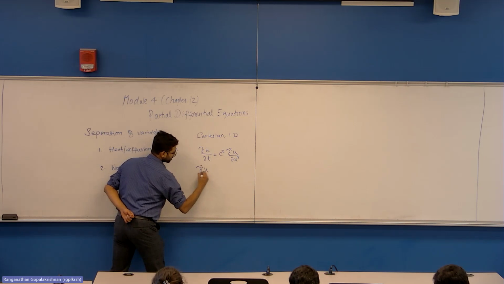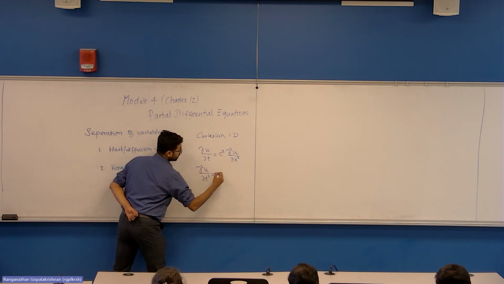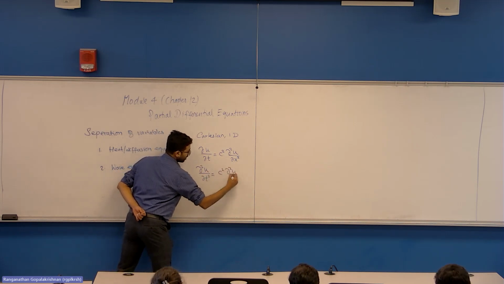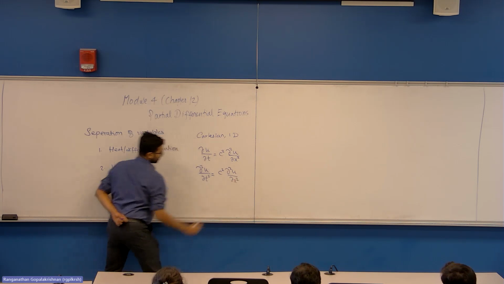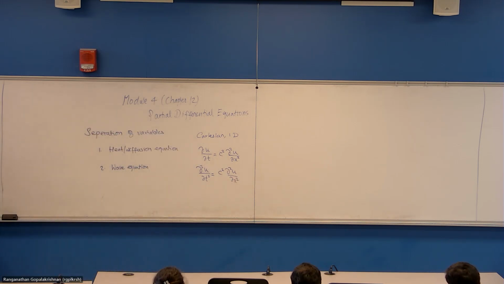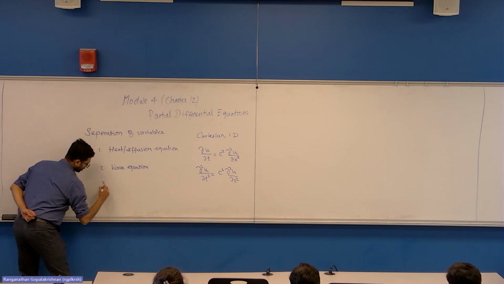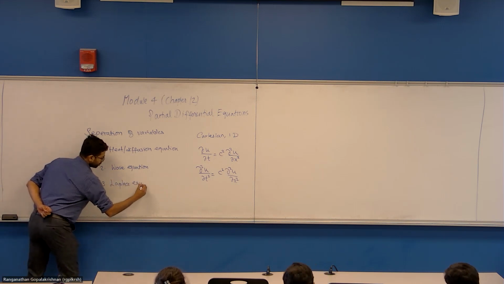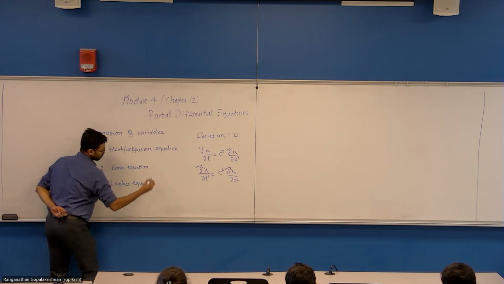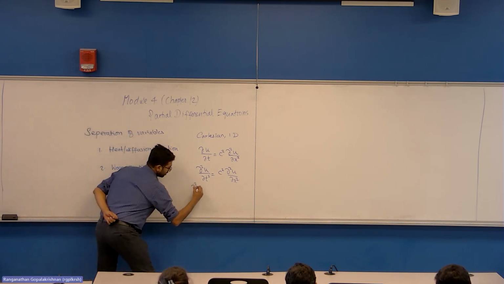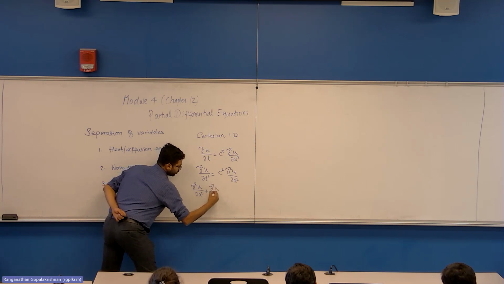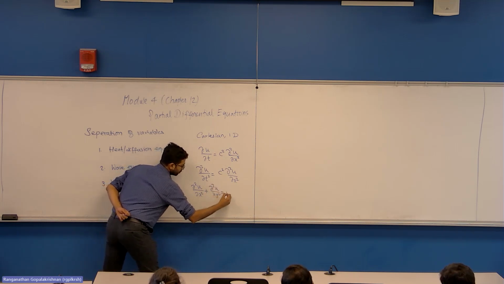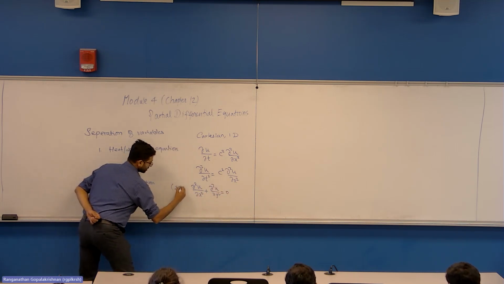Second derivative with respect to time is equal to c squared times the second derivative with respect to space. We are also going to see what is called the Laplace equation, which is usually partial squared u over partial x squared plus partial squared u over partial y squared equal to 0 in two-dimensional Cartesian.